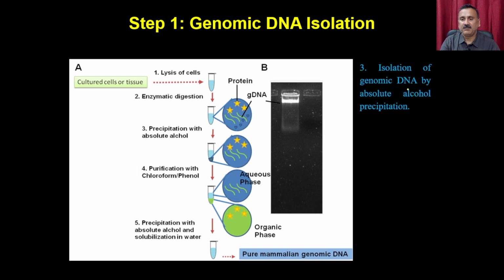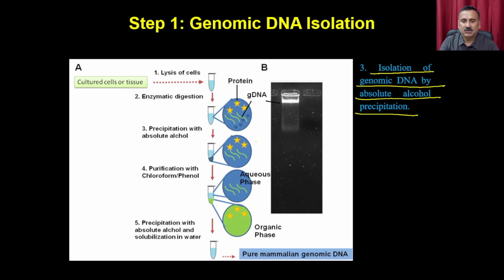So, in step 3, you are going to isolate the genomic DNA by absolute alcohol precipitation. You add the absolute alcohol, and it is going to precipitate the genomic DNA.